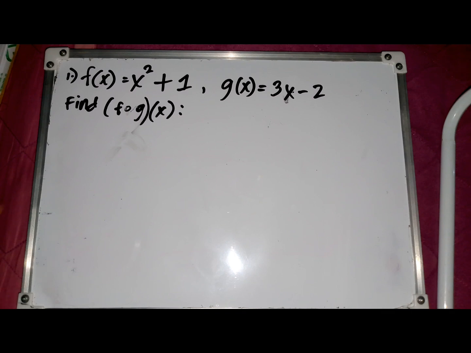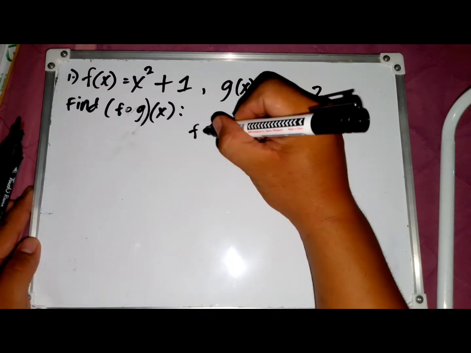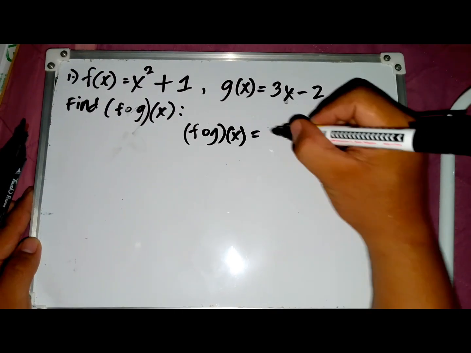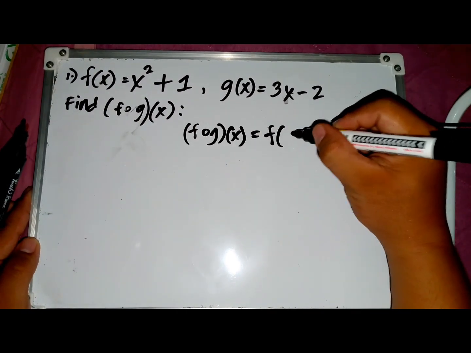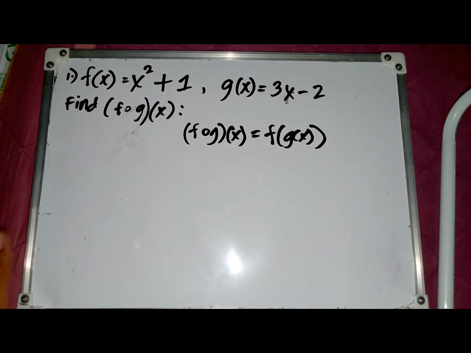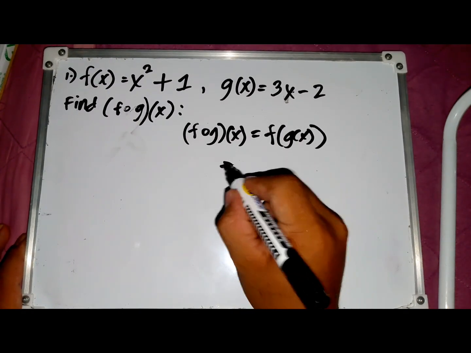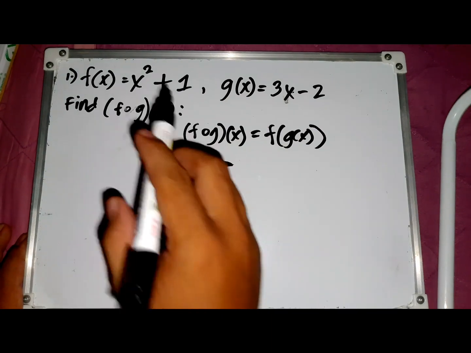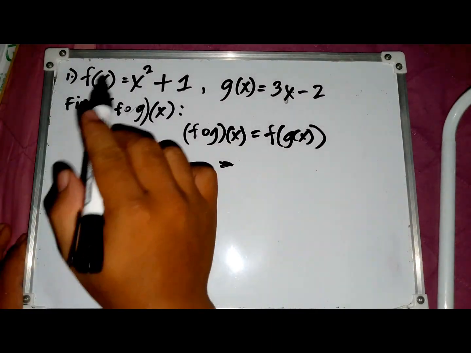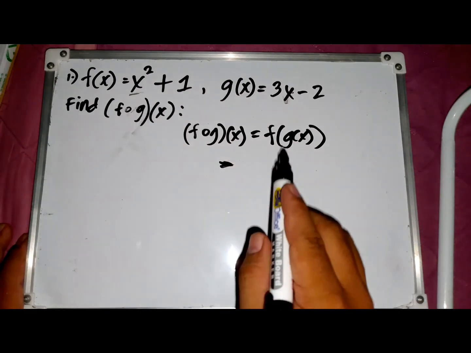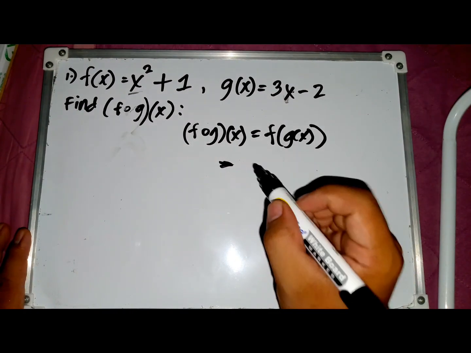First, we know that f composed of g of x is equal to f of g of x. The value of f is x squared plus 1, so we put g of x in place of x.